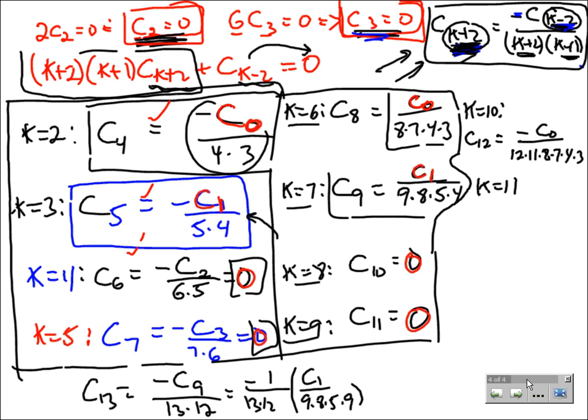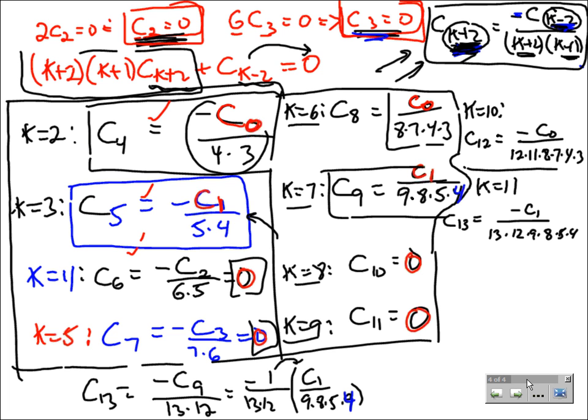Got it right from here, folks. So c sub 13 is equal to negative 1 times c1, negative c1, all over 13 times 12 times 9 times 8 times 5 times 4. That number right here was a 4. So it should be a 4 there.